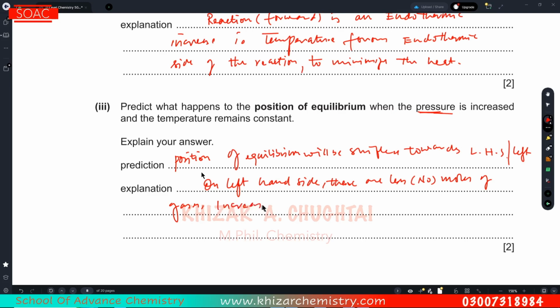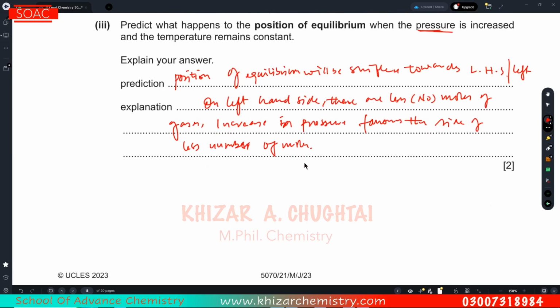Increase in pressure favors the side of less number of moles. So that is an appropriate answer.